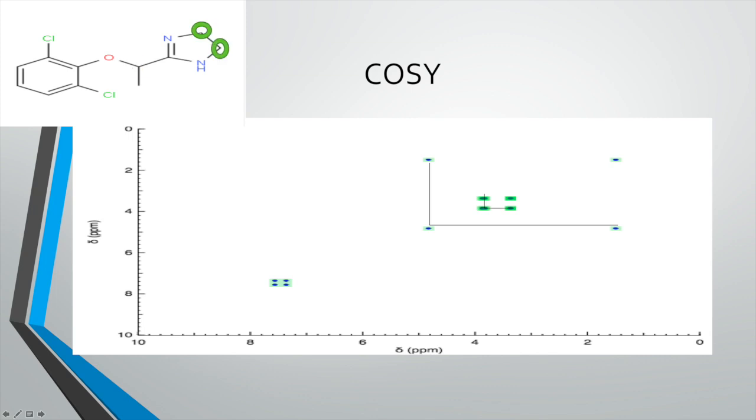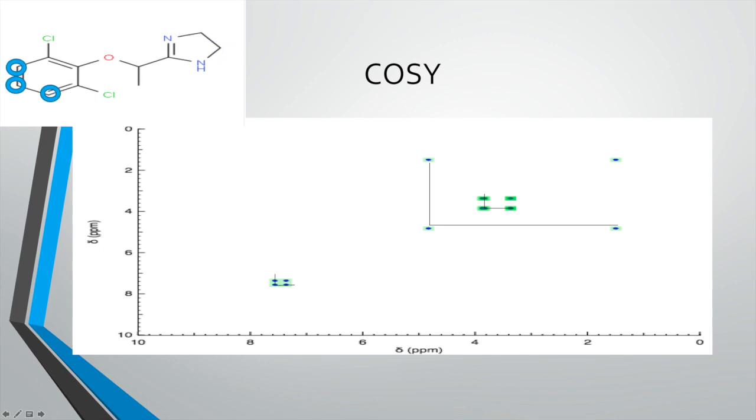The next two carbon atoms that have protons that interact with each other are drawn on the COSY again, and those are the protons that fall in the range of 3.4 and 3.8 ppm.